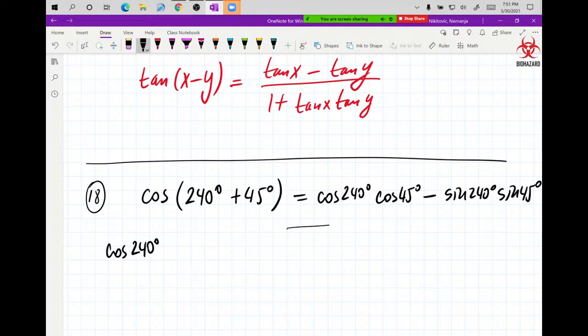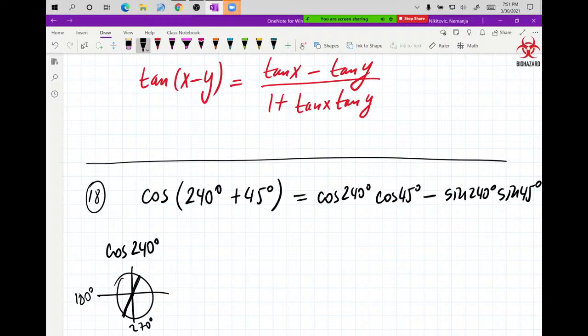Jump through the hoop to get the formula down, and then jump through a hoop to calculate sine and cosine of 240. Okay, so where is the 240? Well, we know that this is 270, and this is 180, right? So 240 is 60 degrees after 180, so it's right there.